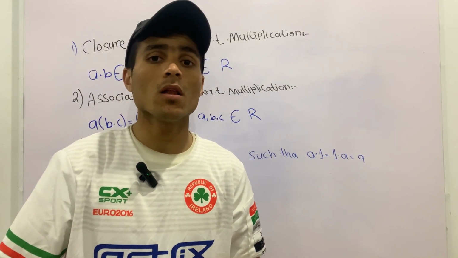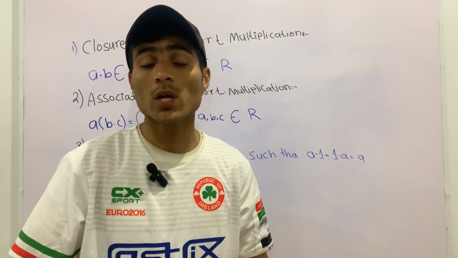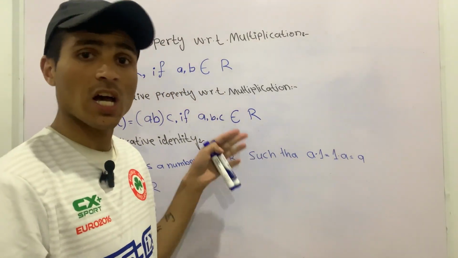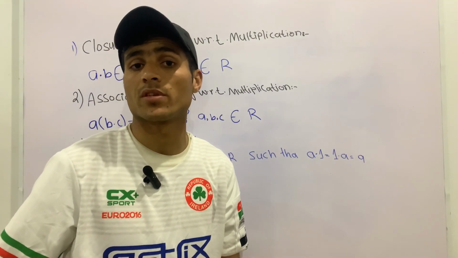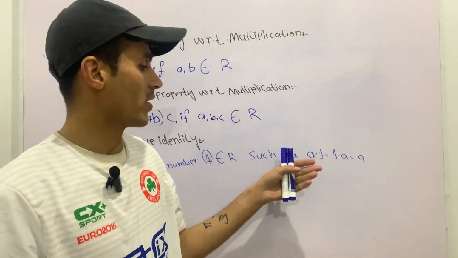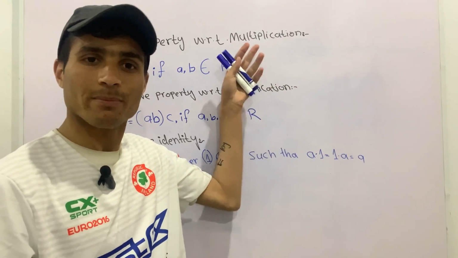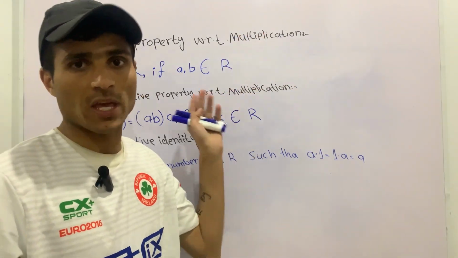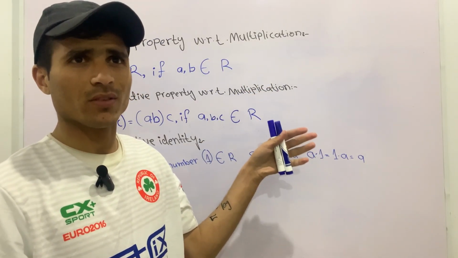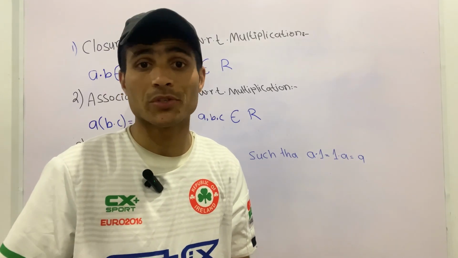We studied all about the properties of real numbers with respect to addition. Now we're going to cover the properties of real numbers with respect to multiplication. This is the same as addition, but something really happens different from that. You will see clearly, they are not totally the same, but 80%.